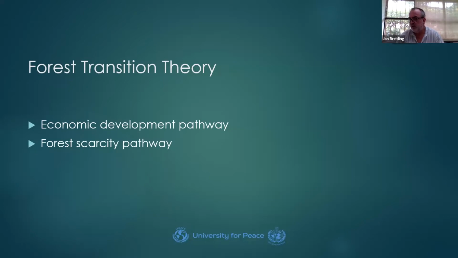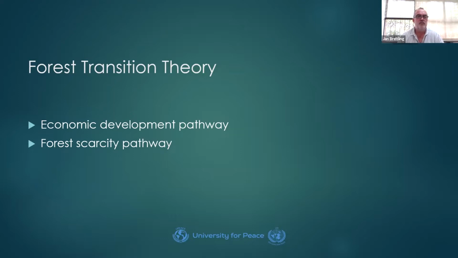Some authors claim that there is one forest transition theory, others say that we have a bundle of theories. Both of these authors agree mostly that two of the main theories could be called the economic development pathway and the forest scarcity pathway. And I will go over these in a very brief way. Remember while we're talking about this that this is just a theory, and there is a lot that we can discuss or criticize, but I will just present the theories first.